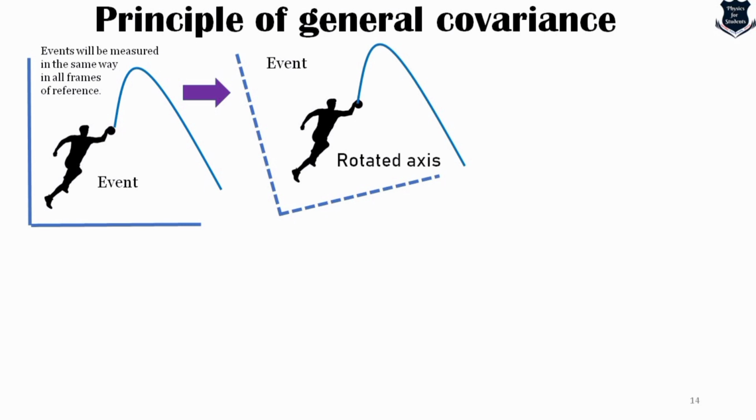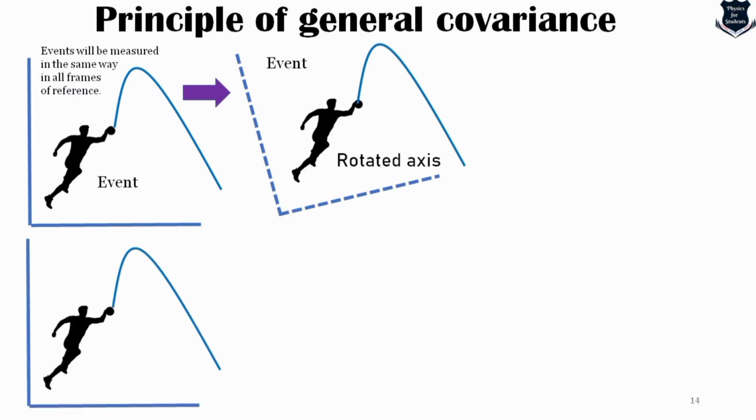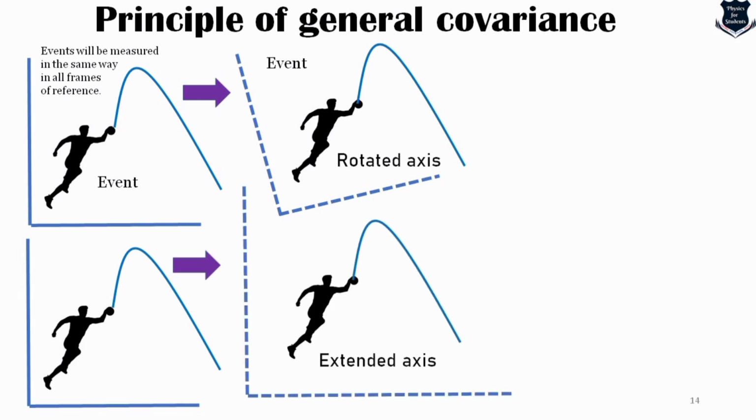That is what is called the principle of general covariance. Same thing, this person again throwing a ball, but in a much more extended axis. Now these are hypothetical, they might be wrong, because in tensors we use this rotation and stretching, but when the axis is extended also, the events will be measured in the same way.